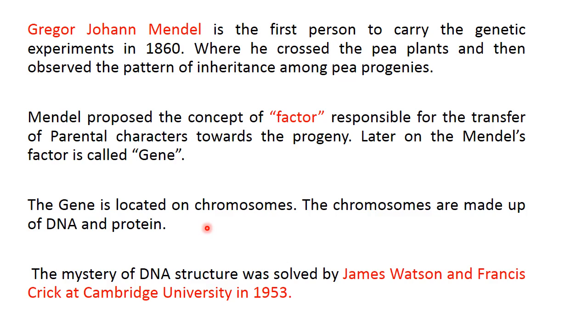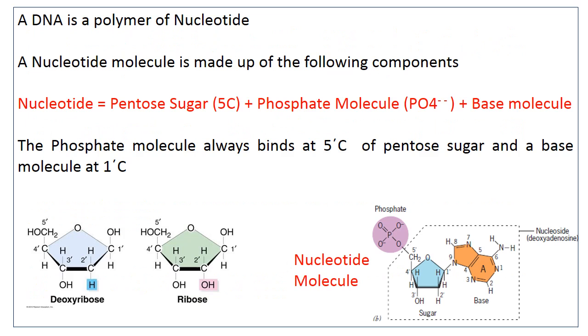Chromosomes are made up of DNA and protein, and genes are the ultimate hereditary unit of a DNA. And in 1953, James Watson and Francis Crick at Cambridge University proposed the double helical structure of DNA.